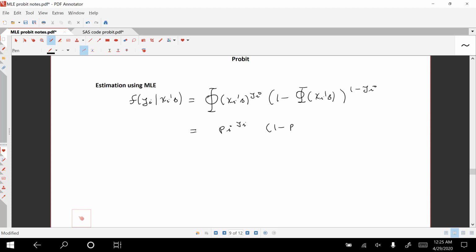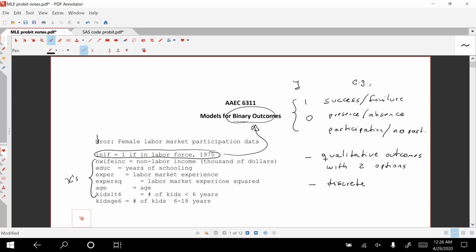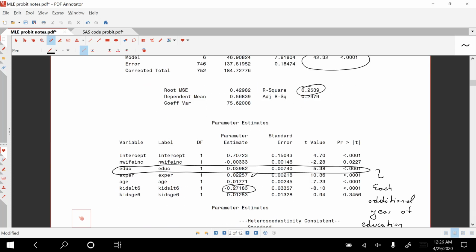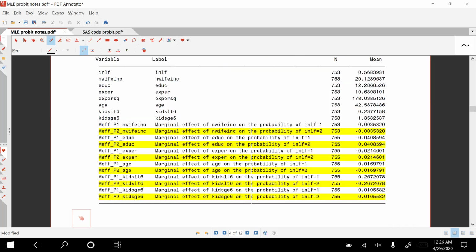In the way that we wrote it before, it was 1 minus pi to the 1 minus yi. For MLE, you always start with the probability density function, and then we can write our likelihood function.